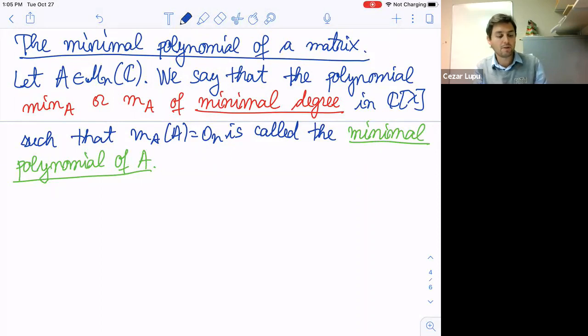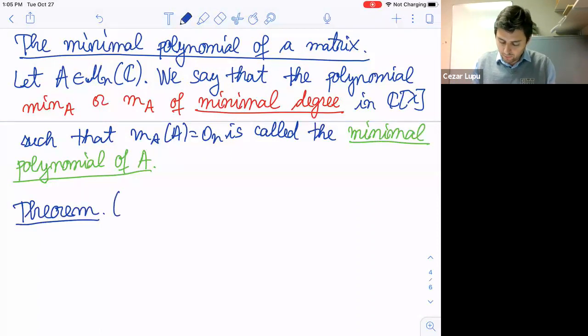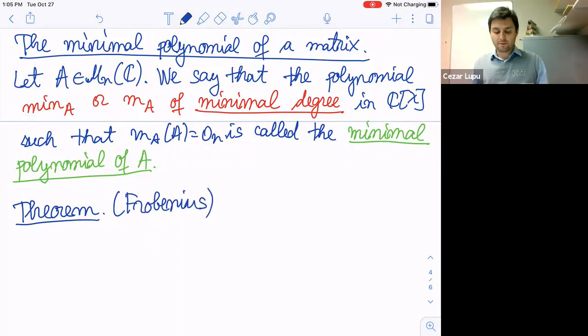There is a relationship between the characteristic polynomial and the minimal polynomial. There is a so-called Frobenius theorem. But anyway, we'll get to this. In fact, let's say it right now, the very important theorem, which is due to Frobenius. In fact, today we will see another result of Frobenius, which says the following.